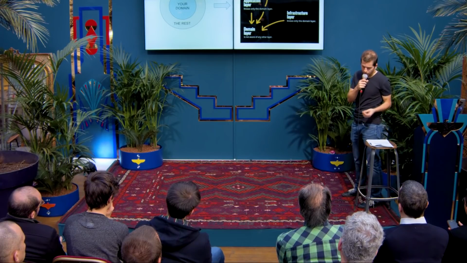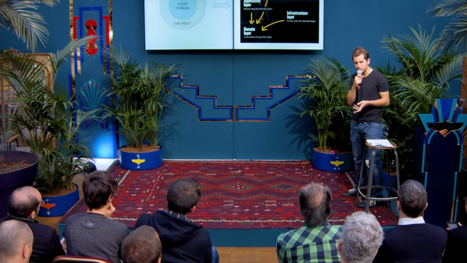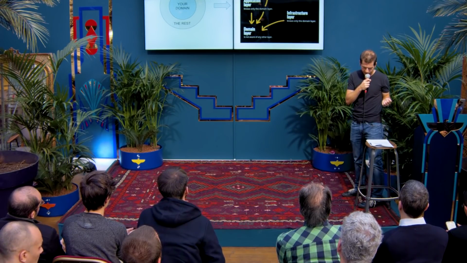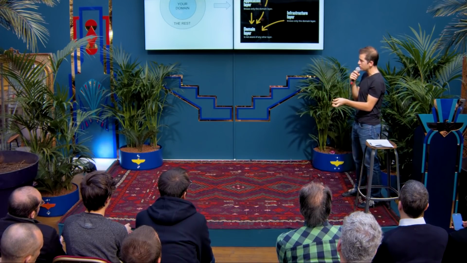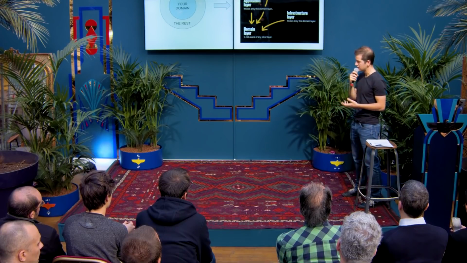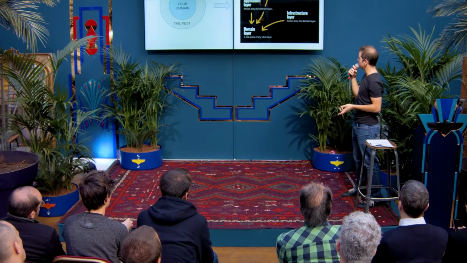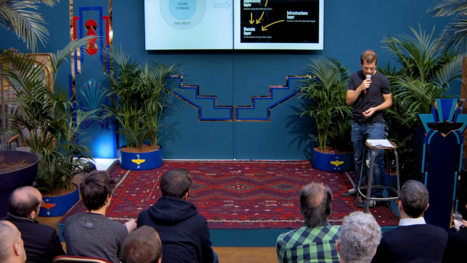Then we have the application layer, which only knows the domain layer. So the application layer defines the jobs your software has to do, the use cases it has, and the application layer uses domain objects and domain services to perform these tasks. On the top we have the presentation layer, so at some point your user has to see something.